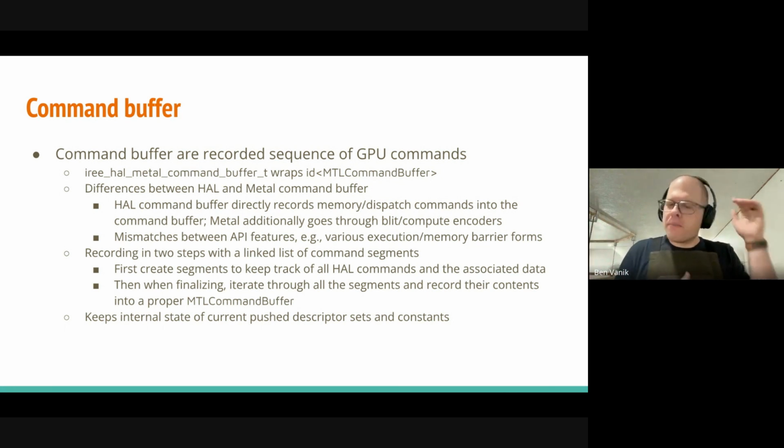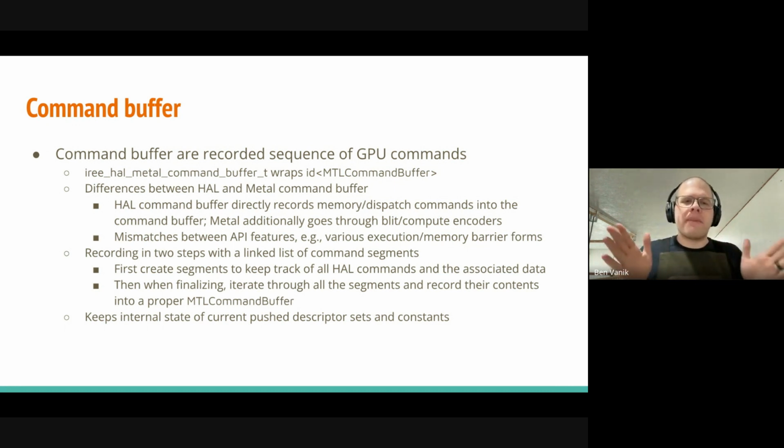But this is a good example of an implementation where just because our HAL command buffer has a certain API and set of semantics that's optimized for compression and stability, doesn't mean that has to match one-to-one with the underlying API, that we can still relatively easily adapt to these more complex APIs that have more strict requirements. The difference there being we really are optimizing for the compression and the stability from our perspective, not a user's perspective. And the targets that require that additional work are the only ones that pay for that.